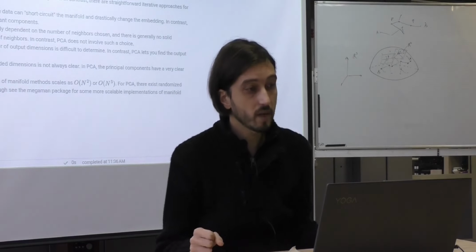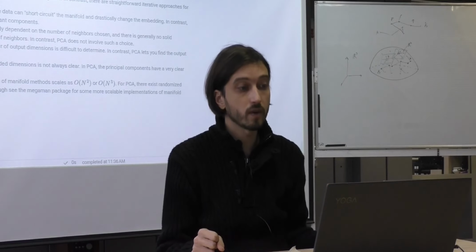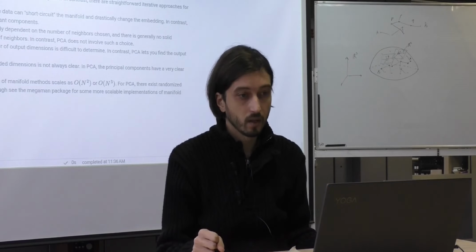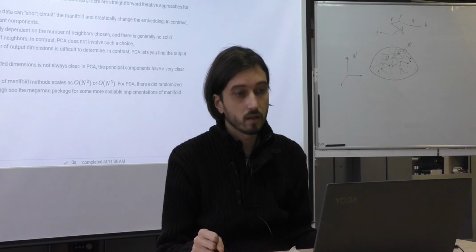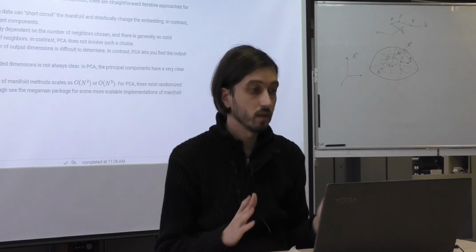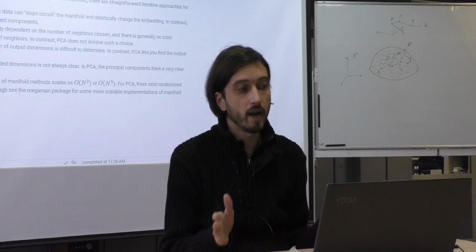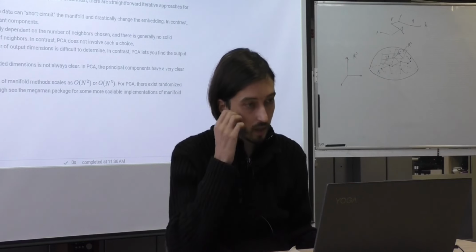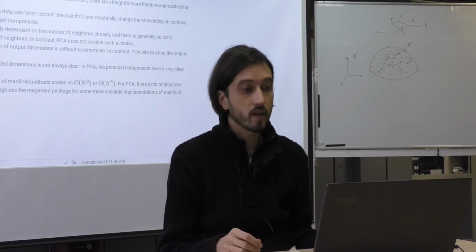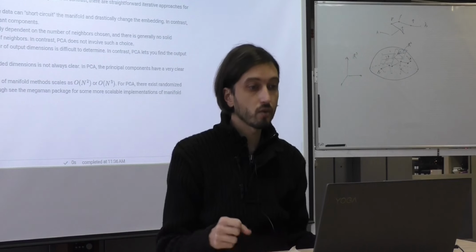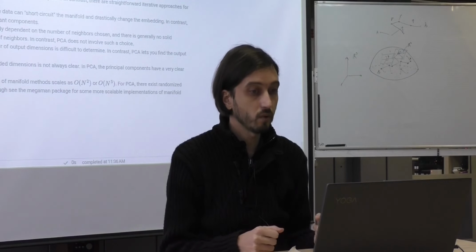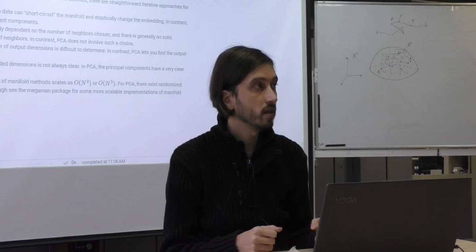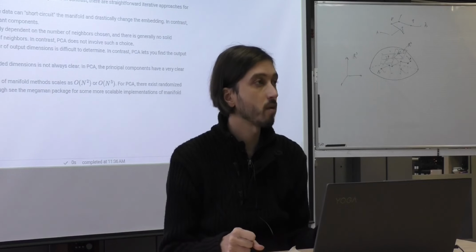First of all, in manifold learning, there is no good framework for handling missing data. You can do something in PCA, but you can't do anything in manifold learning. The presence of noise can short circuit the manifold and change the embedding. So that's a problem as well.